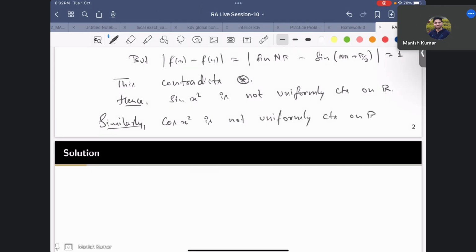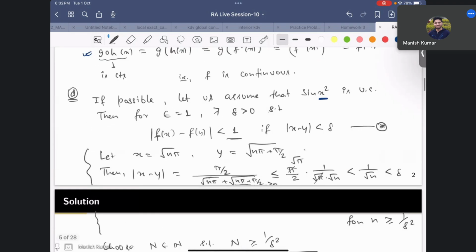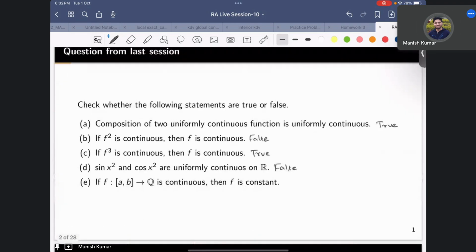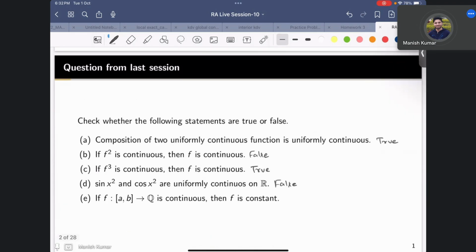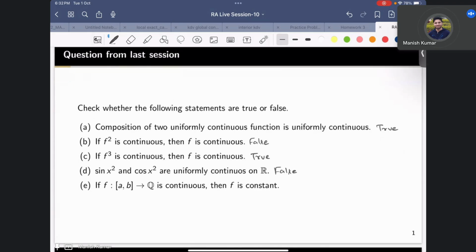So now let's come to this next problem. This question says that suppose f is a function from an interval to the rationals. So the codomain of this function is the rational numbers. If you assume that this is a continuous function, then you have to prove or disprove that f is constant.